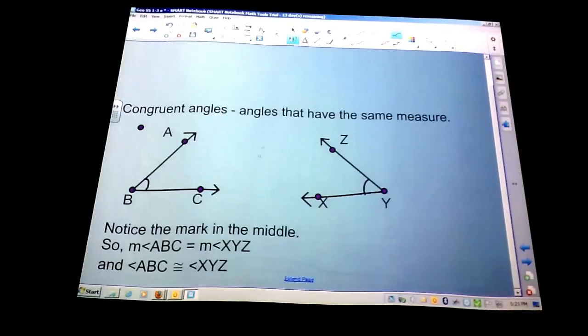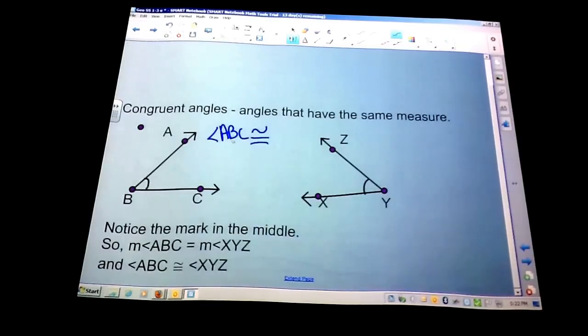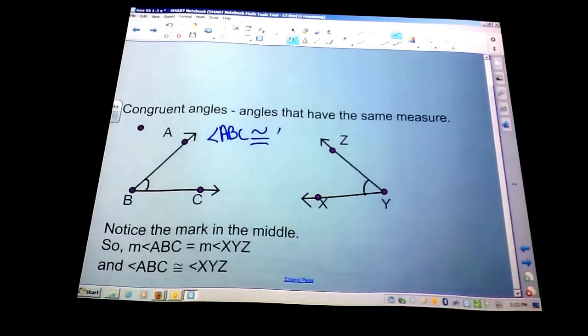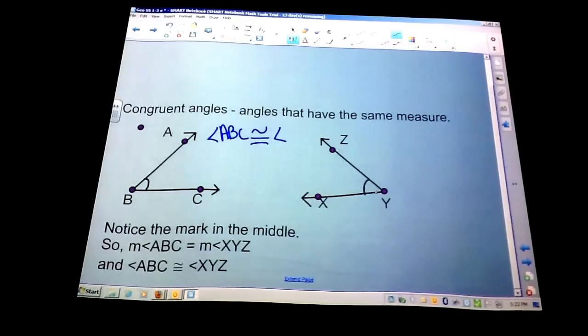So again, the congruent symbol is the equals sign with the little swirl over the top. And then if we wanted a congruent statement, we would say angle ABC here. Notice I put the vertex in the center again. Angle ABC is congruent to angle ZYX.